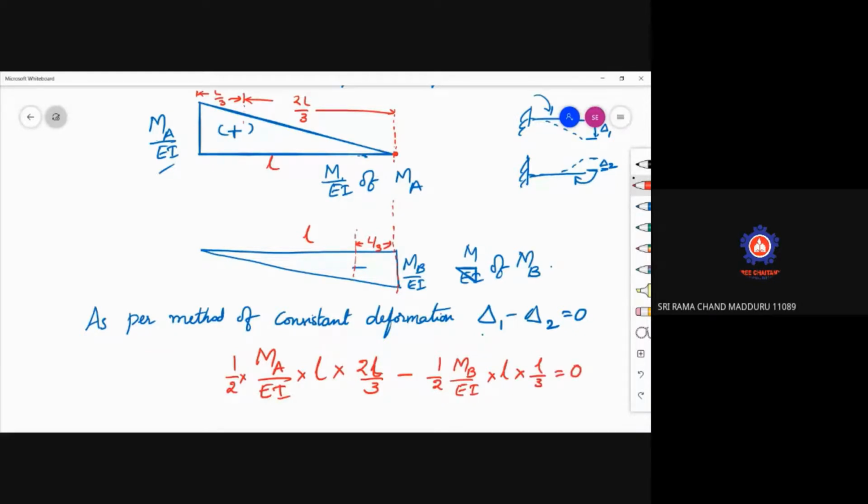Now if you simplify this, half cancels, L and L by 3 and L by 3, EI and EI. The remaining terms are 2MA minus MB is equal to 0. That implies MB is equal to 2MA.